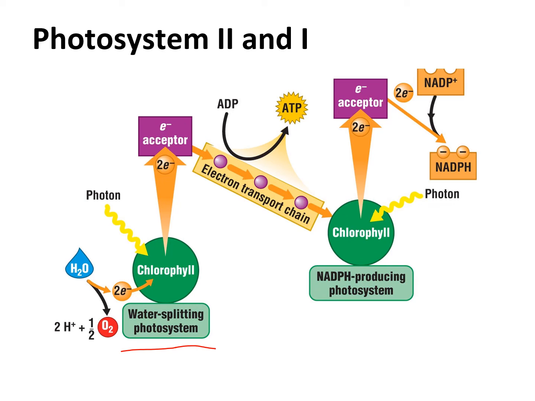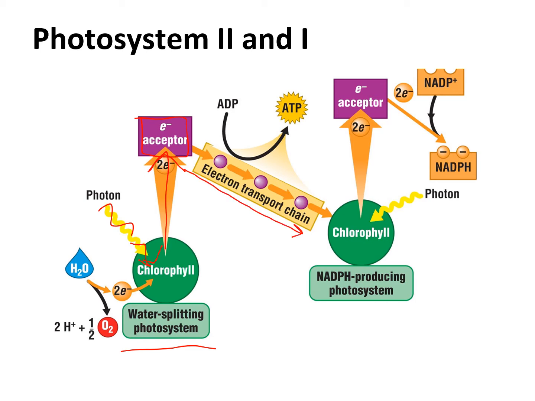And what happens here is that the photon comes in, interacts with the pigments, transfers its energy to electrons in the different pigments. Those electrons ultimately become so excited they leave the reaction center chlorophyll and they are transferred to an electron acceptor. Then those high energy electrons are passed down the electron transport chain.